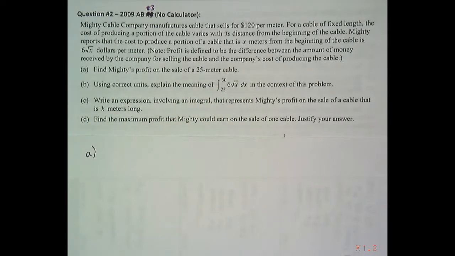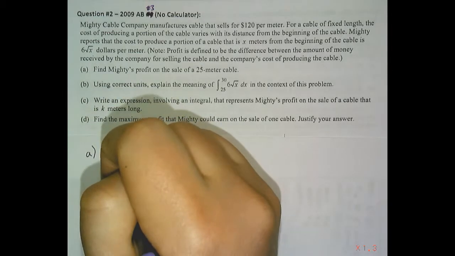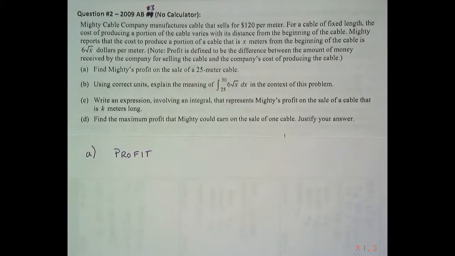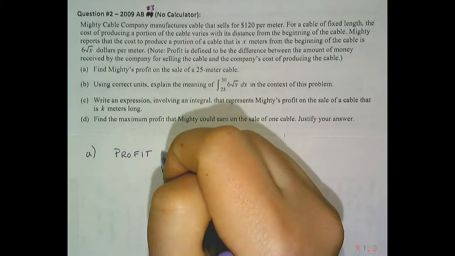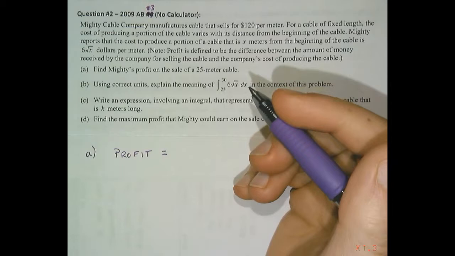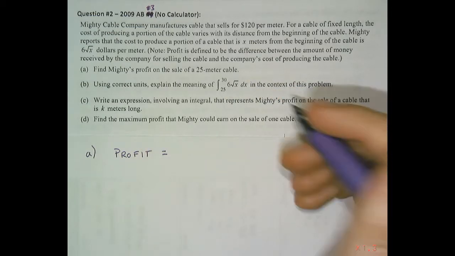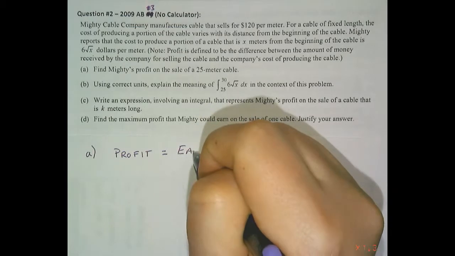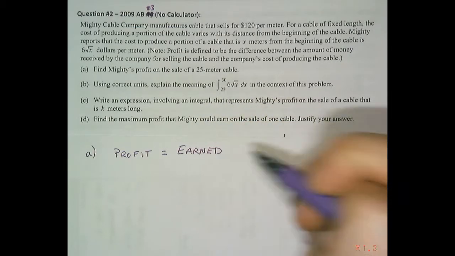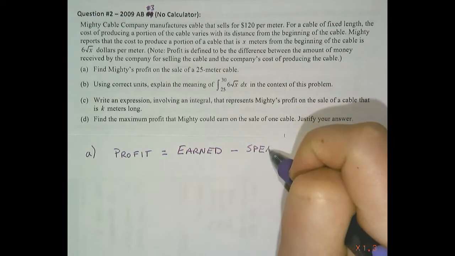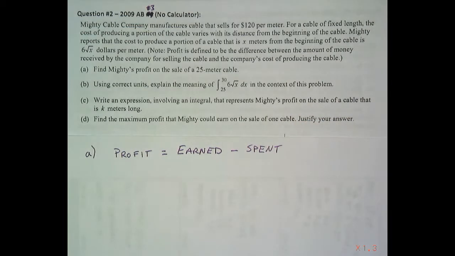So right away, we need to understand a word, and that word is profit. What is the meaning of profit? Profit is the difference between how much money you earned and how much money you spent. It's like saying, I earned $100, but I spent $80, so my profit is $20.